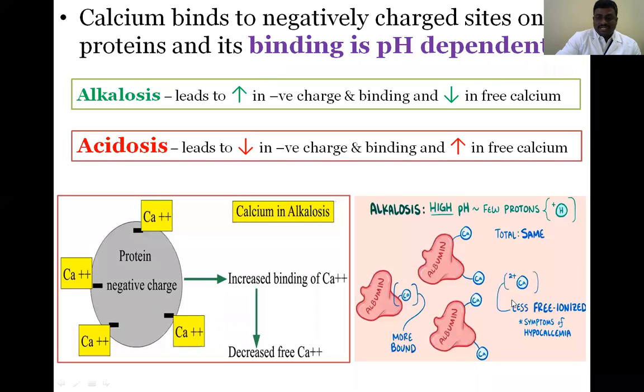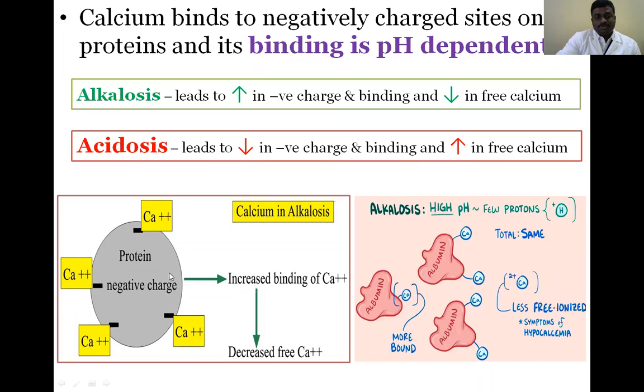When hypocalcemia occurs, free calcium is not available in the blood. So when there is more protein albumin, more calcium binds to the albumin in the alkalosis condition. In acidosis, what happens?